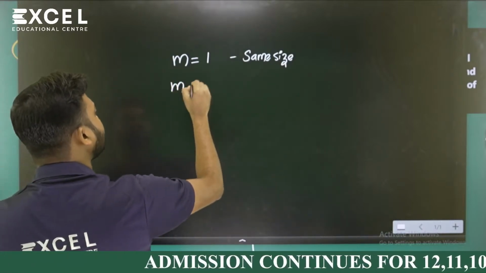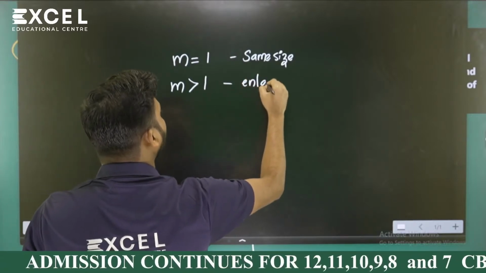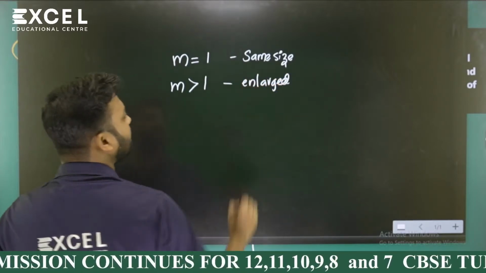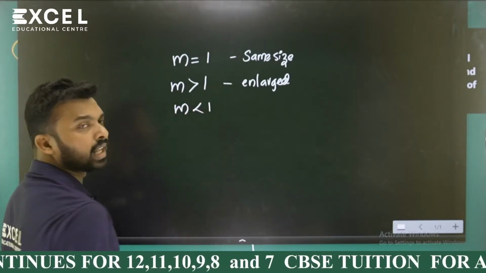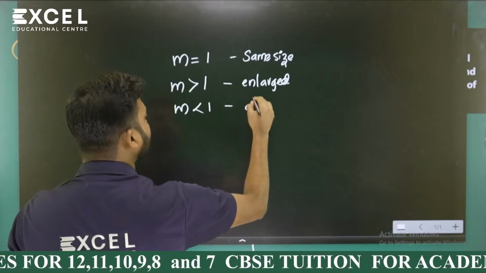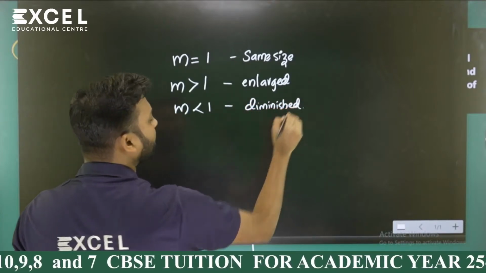If magnification is greater than 1, the image formed is enlarged. And if the magnification is less than 1, then the image formed is diminished. Okay, fine.